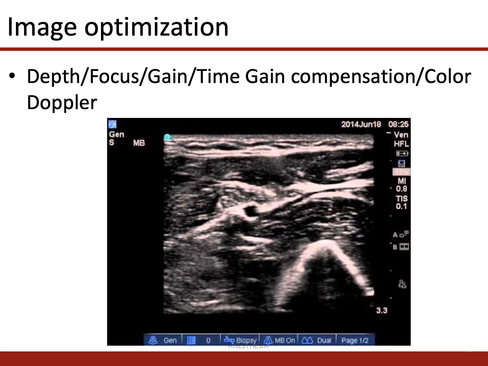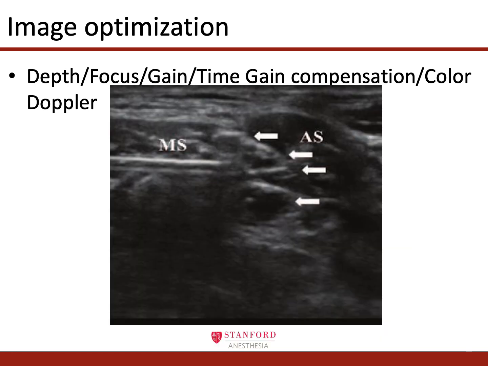In this image, we can see that overall the image is bright and there's a very high contrast between the fascial planes. If we reduce the overall gain, we may in fact get more image quality and better delineation of the nerve. In this image, which is an interscalene view, we can see that the target anatomy is very poorly imaged.